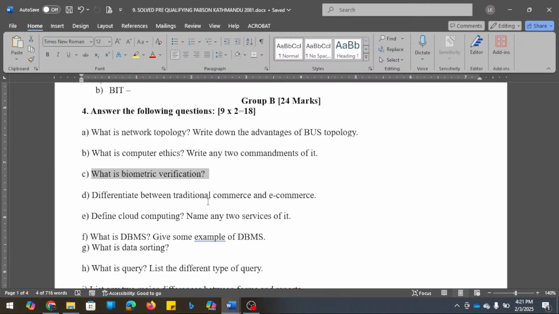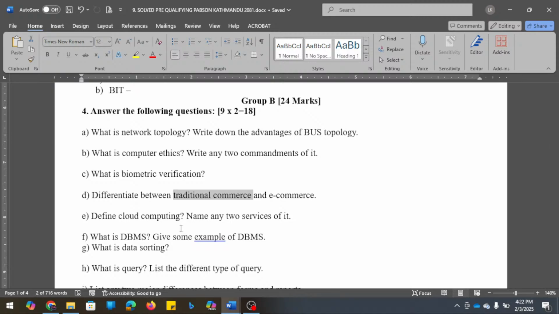Next, differentiate between traditional commerce and e-commerce. Traditional commerce is a time consuming task to buy and sell, whereas e-commerce doesn't take much time.